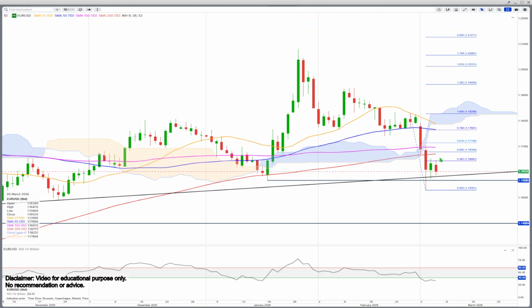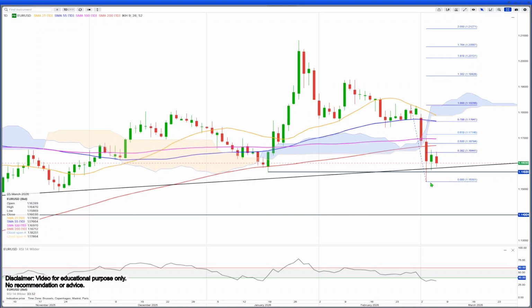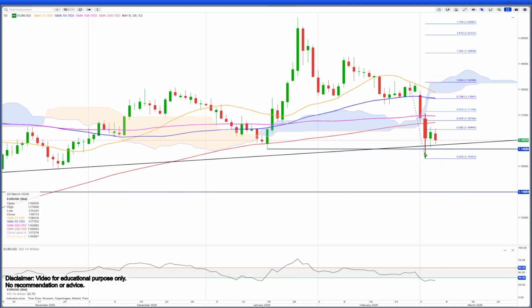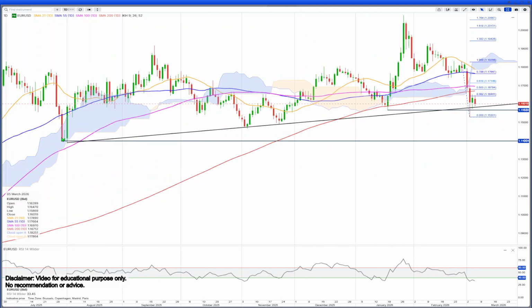And we could bounce a little bit further, but let's see about that. However, if it takes out the lows here from a couple of days ago at 115.30, then we could be looking at the 114 level. That goes a little bit further back, as we can see at these lows, these troughs here, and we could be revisiting that level.